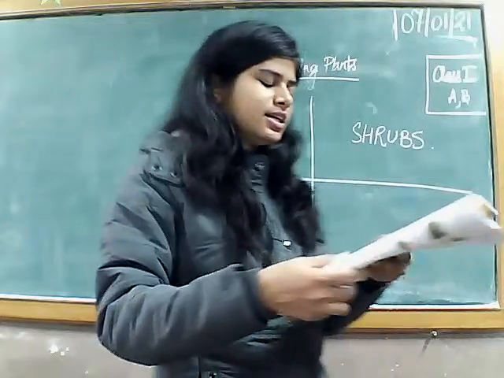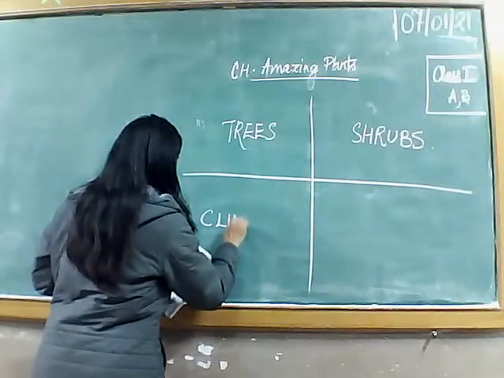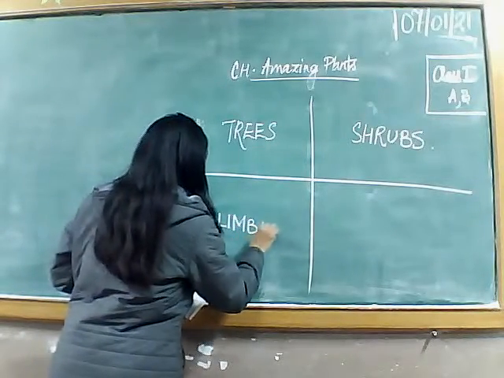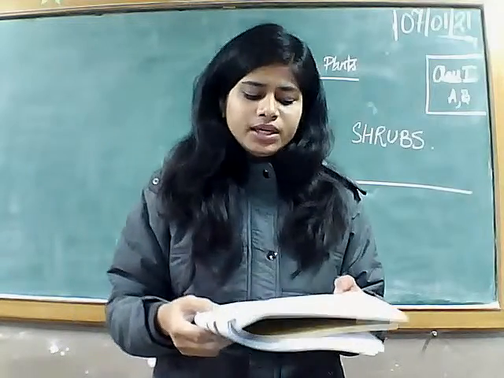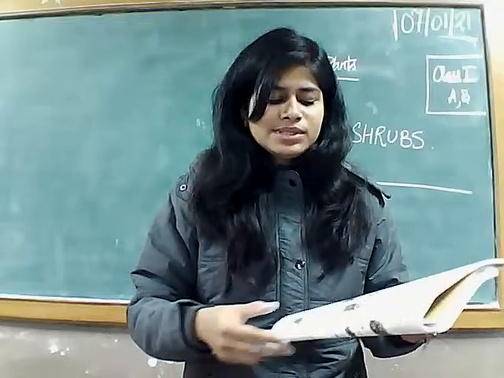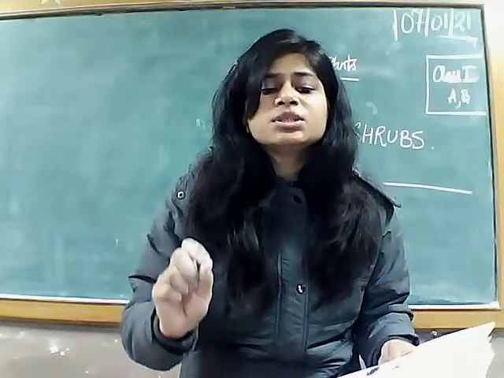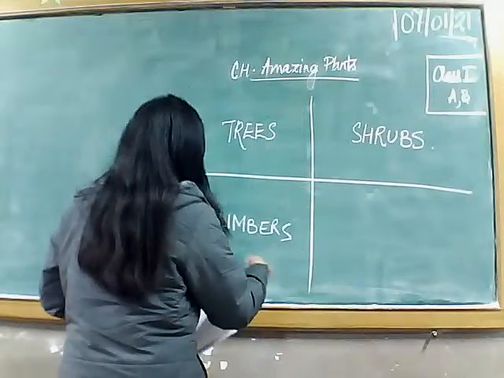Now children, let us come to the next type of plant, that is climbers. Some plants are very weak and cannot stand on their own. They need support to grow. I take the example of grapes.